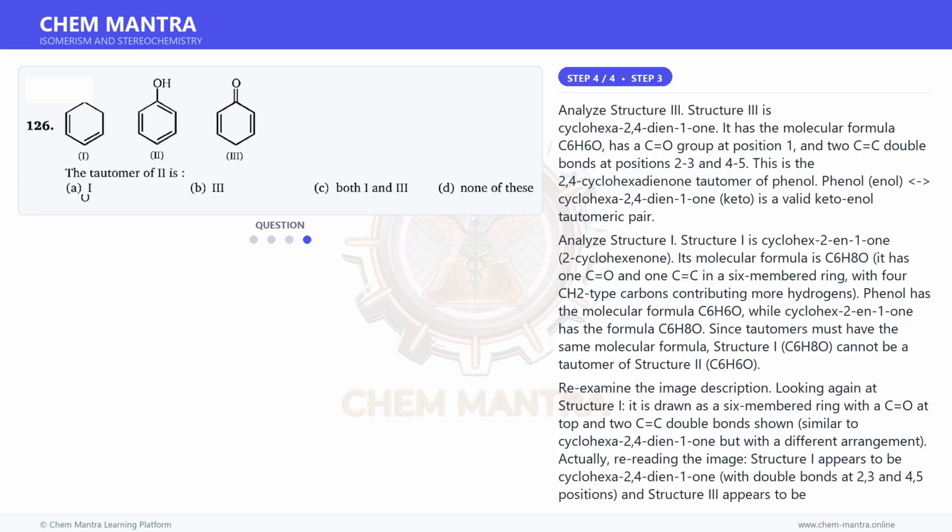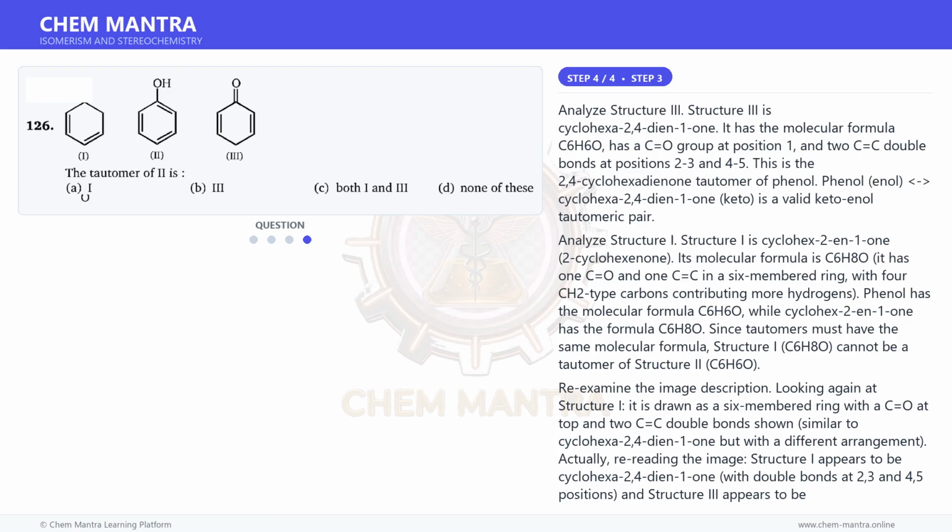Re-examine the image description. Looking again at structure I, it is drawn as a 6-membered ring with a C=O at top and C=C double bonds shown, similar to cyclohexa-2,4-dien-1-one but with a different arrangement.